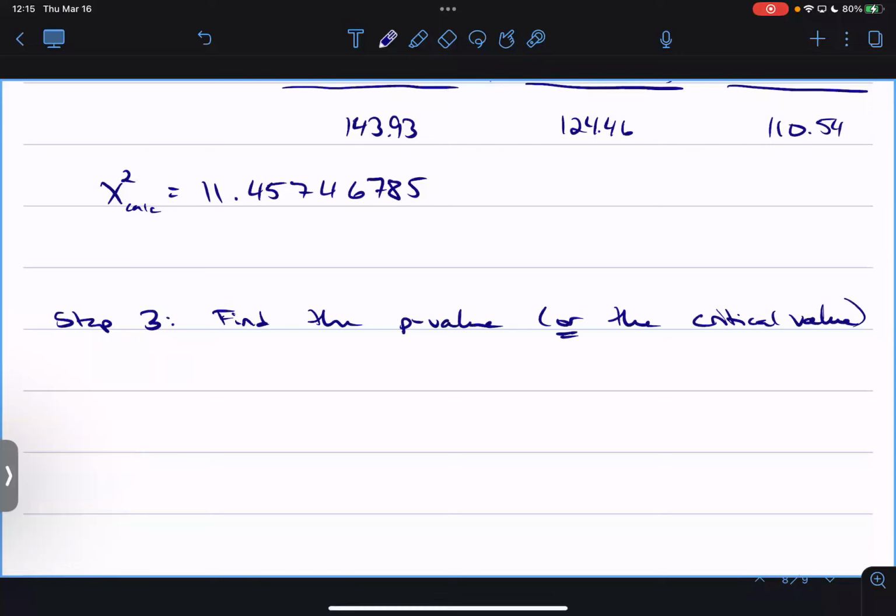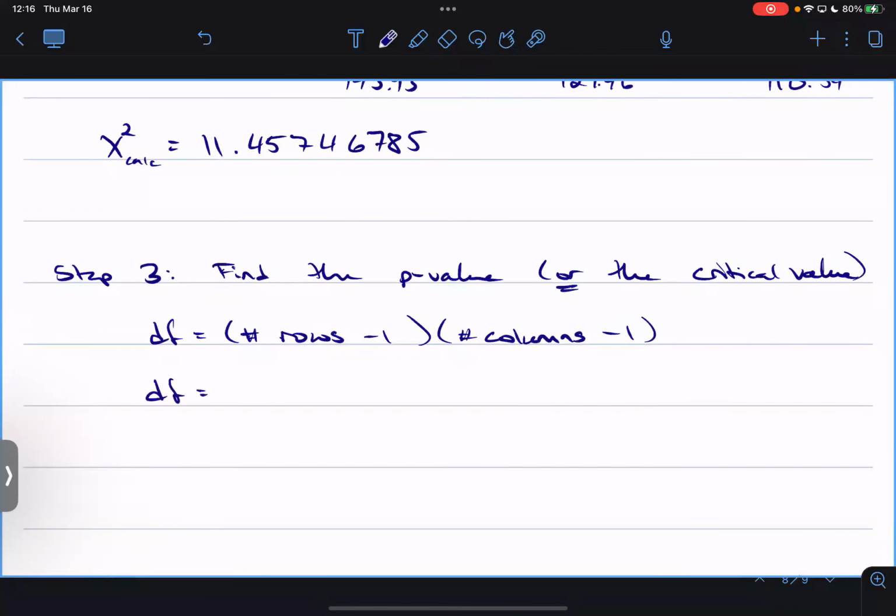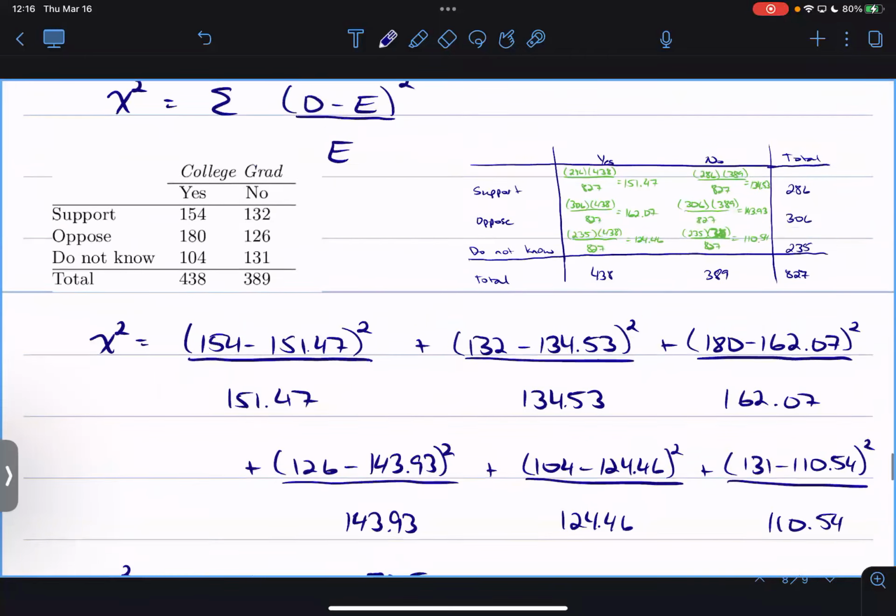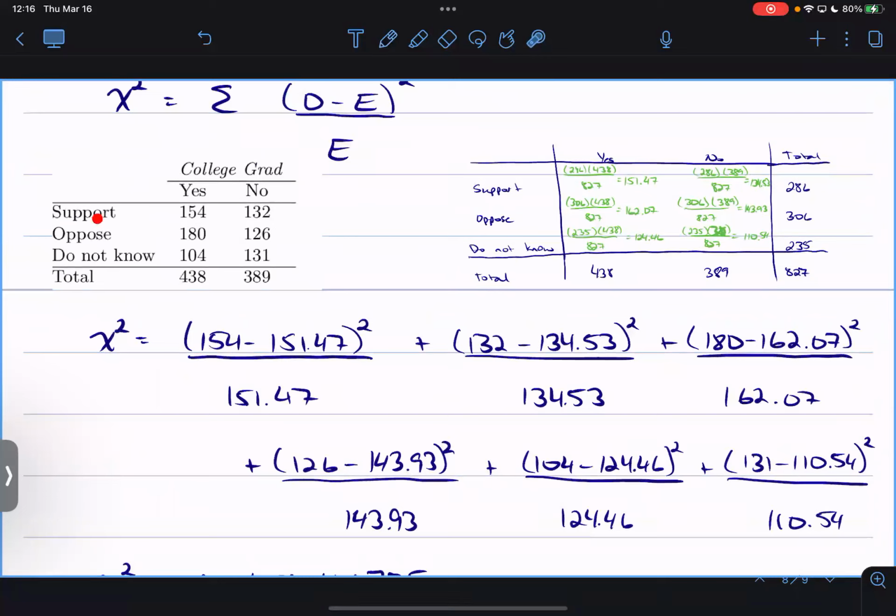They do the same thing. So first we need the degrees of freedom. The degrees of freedom is the number of rows minus 1 times the number of columns minus 1. You do not count the totals, of course.